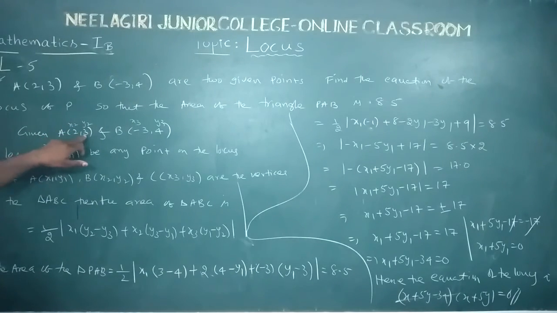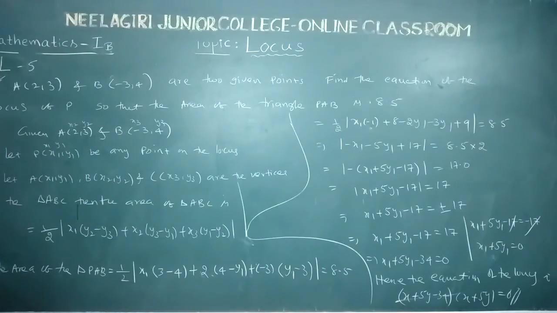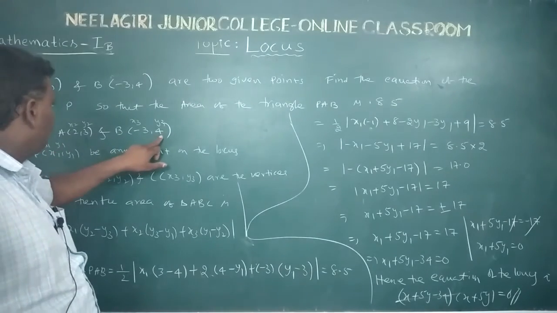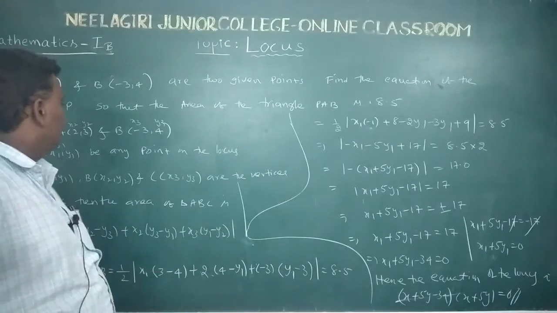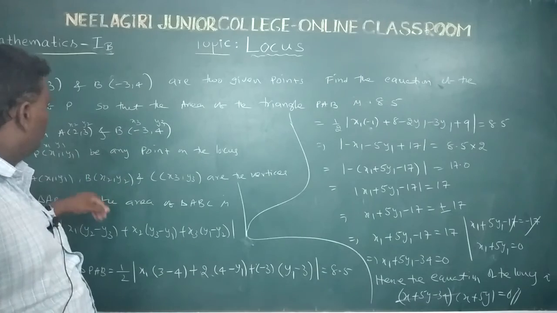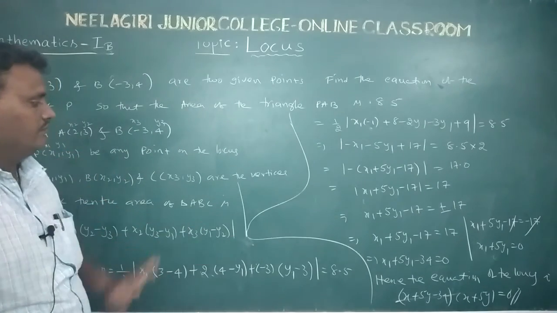now consider the x1, y1; x2, y2 is 2, 3; x3, y3 is minus 3, 4. x1 into (y2 minus y3), y2 is 3, y3 is 4, plus x2 which is 2 into (y3 minus y1), y3 is 4, minus y1, plus minus 3 into (y1 minus y2), y2 is 3.